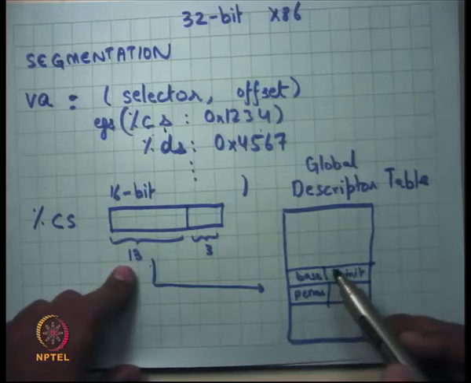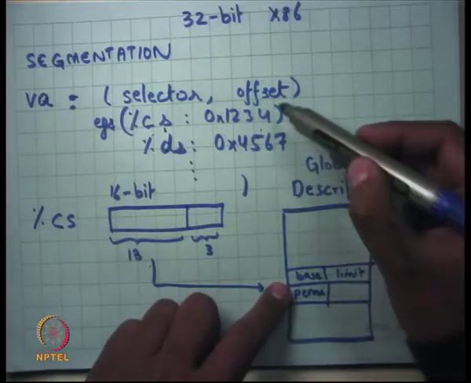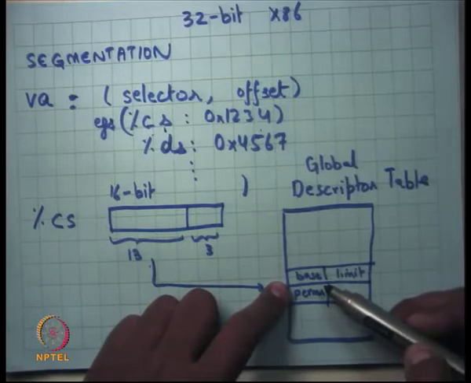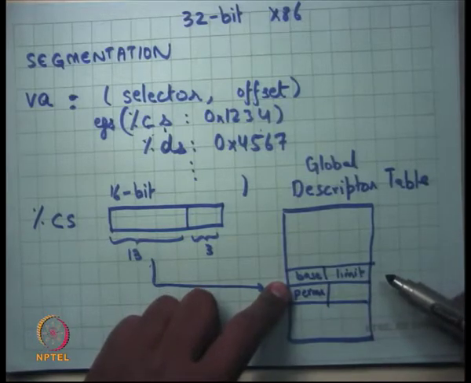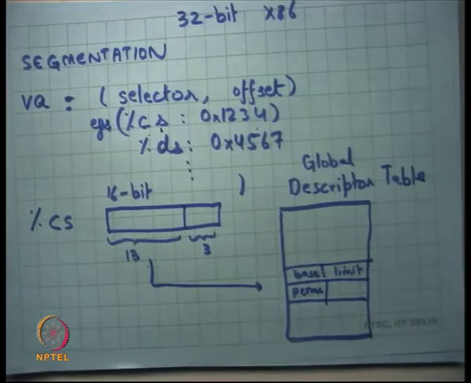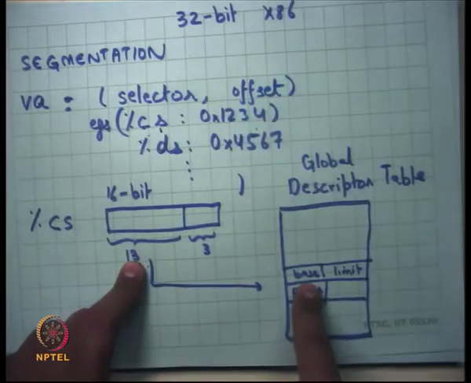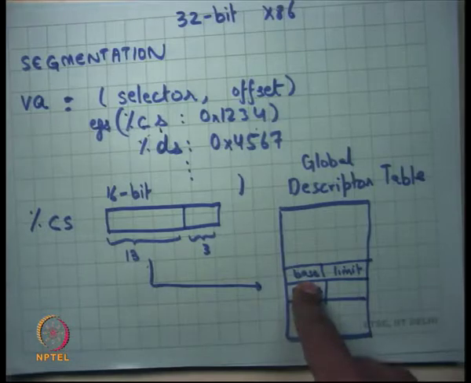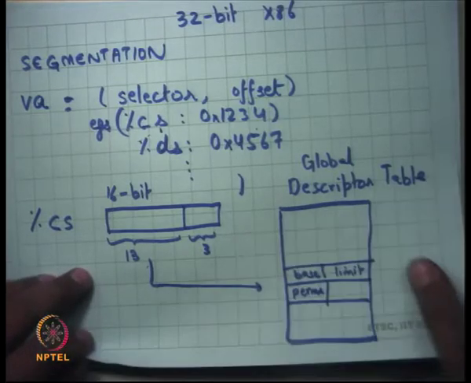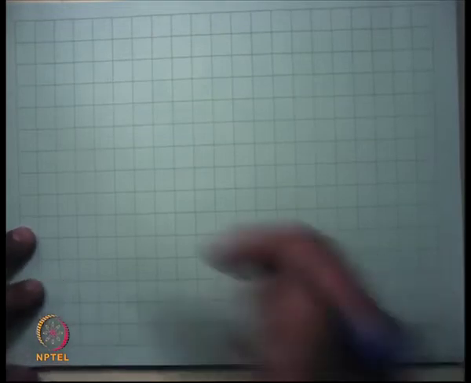And now what the hardware is going to do is compare the offset with the limit to see whether this offset is allowed within this segment or not, and then add it with the base, and that's what the physical address is going to become. So the physical address will be the offset plus base, assuming that it was less than limit, right. Okay. So let's see.